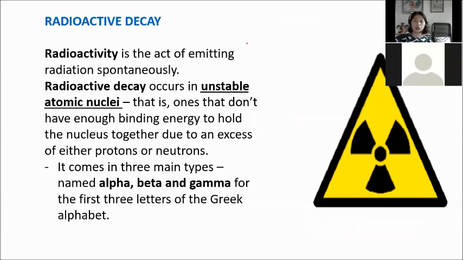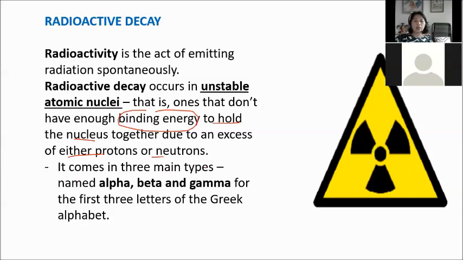So they need to emit particles para maging stable. So unlike other elements na stable na sila. No? So ang reason yan, that is one that does not have enough binding energy to hold the nucleus together due to excess of either protons or neutrons.